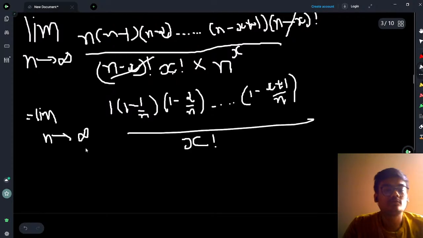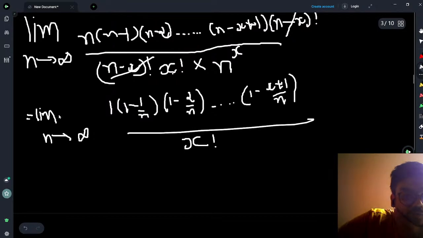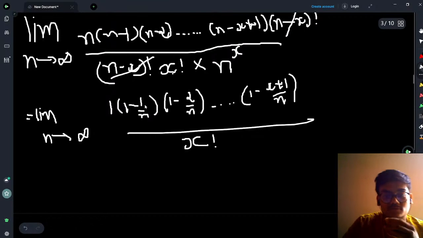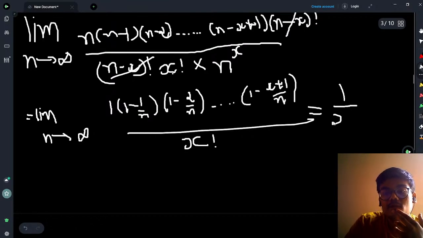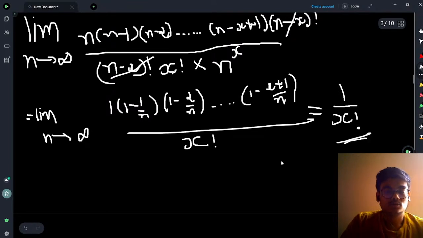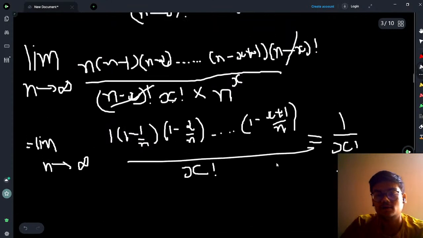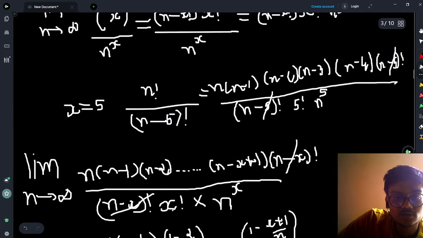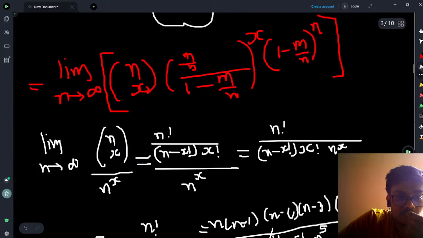Now just put the value n tends to infinity. Then 1 upon infinity will become 0. So what we are getting at the end is 1 upon x factorial. This is not the final answer, so we are replacing it here.